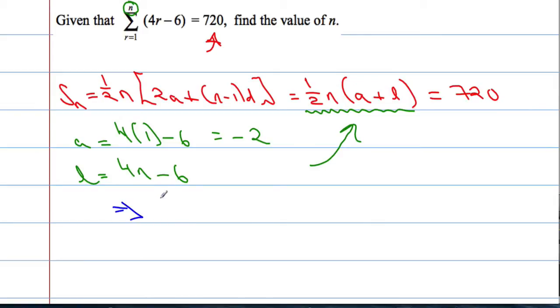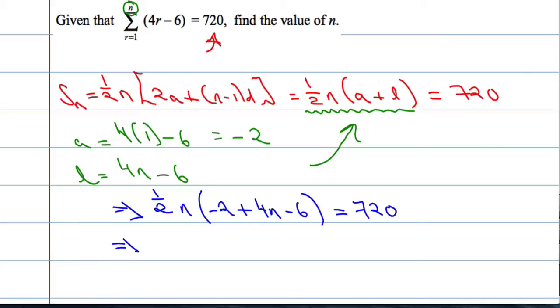Okay, so I know that a half times n, or n over 2 as you might see it, times a, which we've worked out to be negative 2, plus L, which we've worked out to be 4n minus 6, must be equal to 720, because that's what we were told.